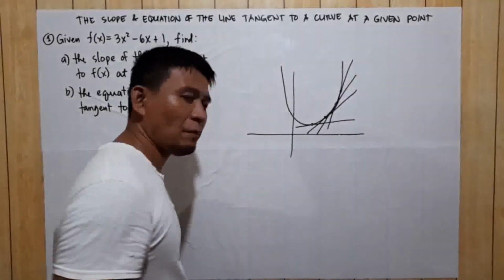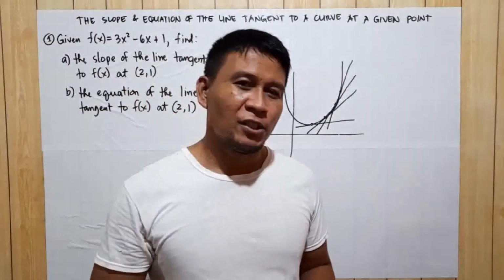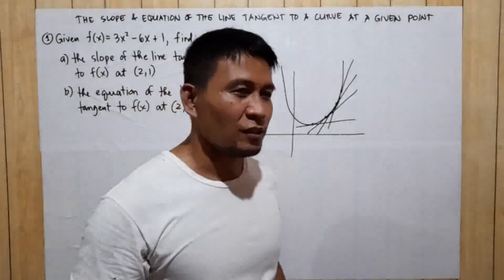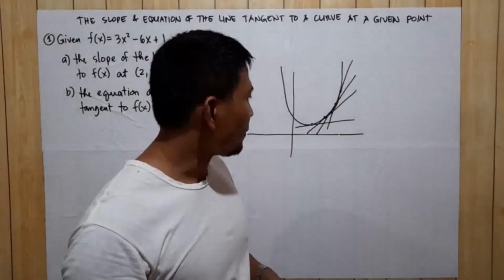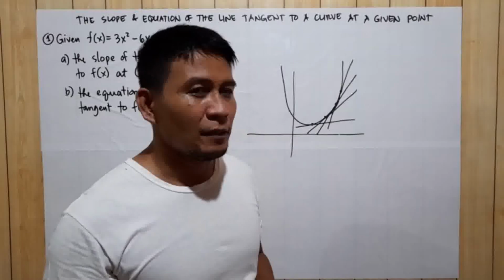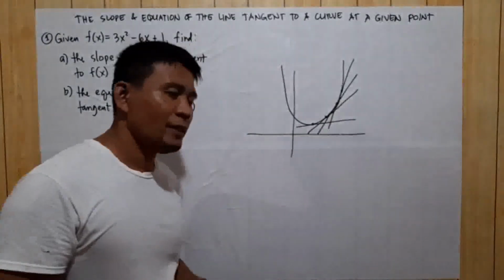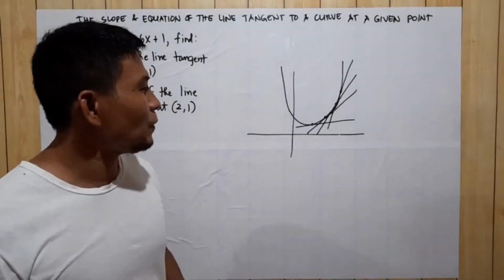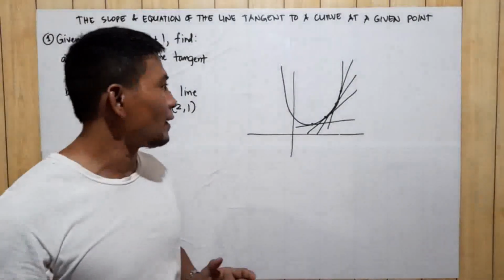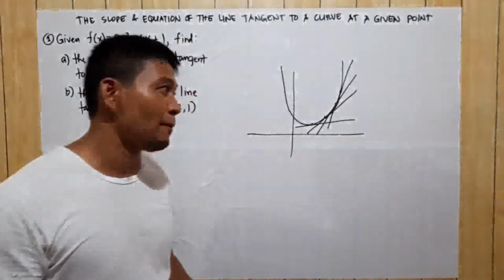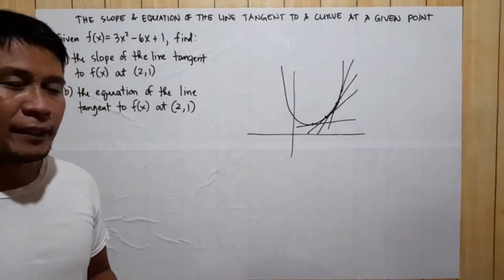Dyan po ngayon papasok ang differential calculus. Bawat point dyan, iba-iba ang tangent line, iba-iba rin po syempre yung slope niya. Yan po ang lesson natin ngayon at sisikapin ko po na maipakita ang lahat ng kailangang ipakita dito sa particular na topic na ito.